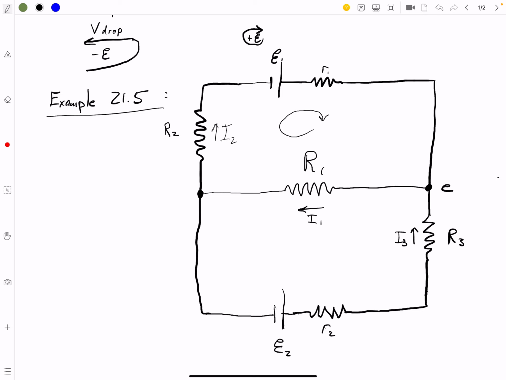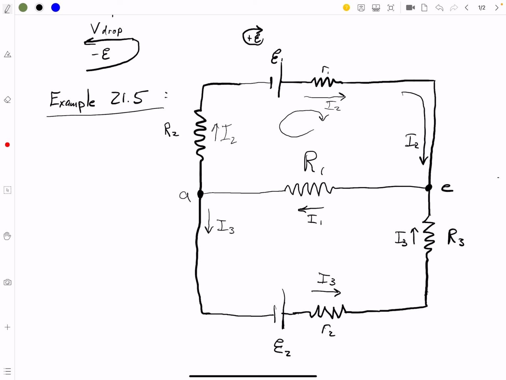I2 also cuts across this guy, and it comes down here, and it flows into point E. Same thing goes for I3. And I3 must leave point A.